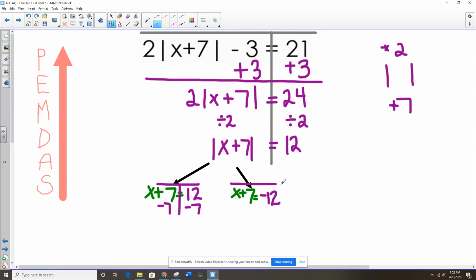And then meanwhile over here there's a second t-chart running. Nothing too exciting here. You still minus 7. But you said 12 minus 7 was 5. And negative 12 minus 7 is negative 19. And that is your 2 solutions.